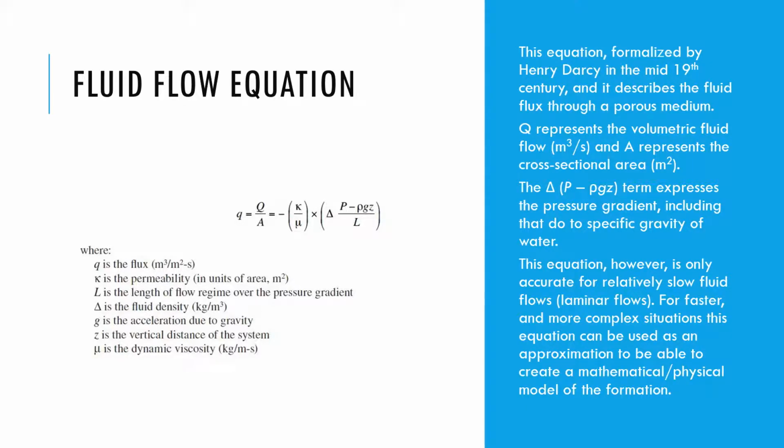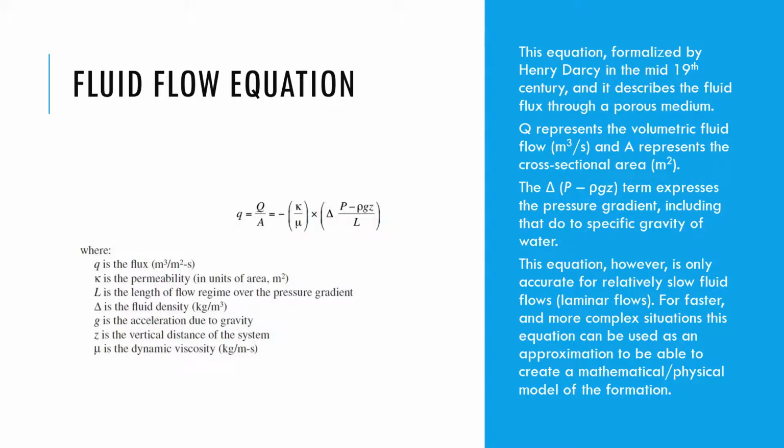Capital Q represents the volumetric fluid flow, meters cubed per second, and A represents the cross-sectional area, meters squared, that we are specifically interested in. The delta P minus rho GZ term expresses the pressure gradient, including that which has to do with specific gravity of water. So it takes into account the specific gravity of water. Other fluid flow equations would take into account just the specific weight of whatever fluid is flowing.